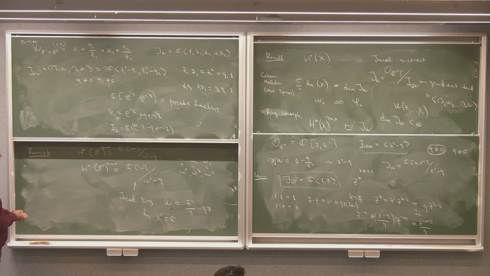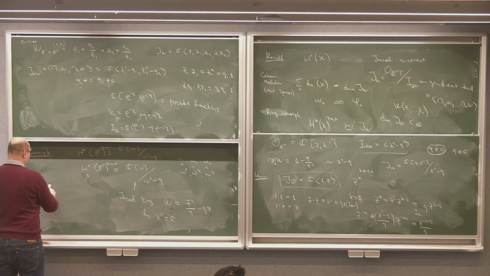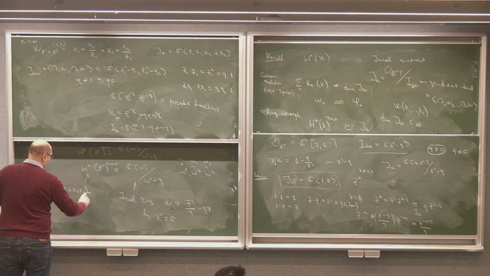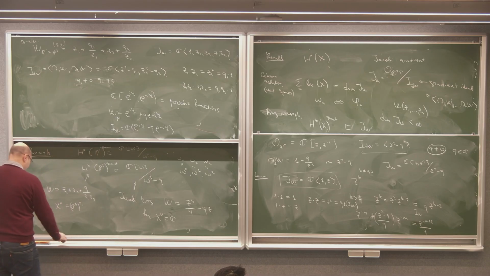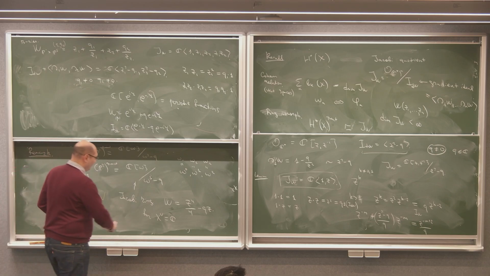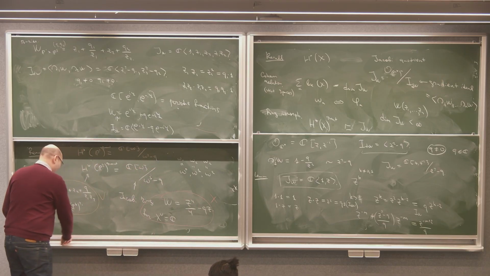We need to use the actual mirror superpotential for P2, which is way more complicated: Z1 plus Z2 plus Q over Z1 Z2, and X check is X. So that is the actual mirror.